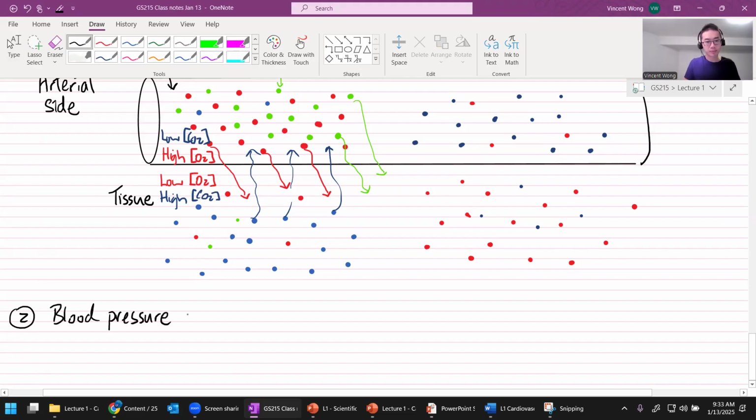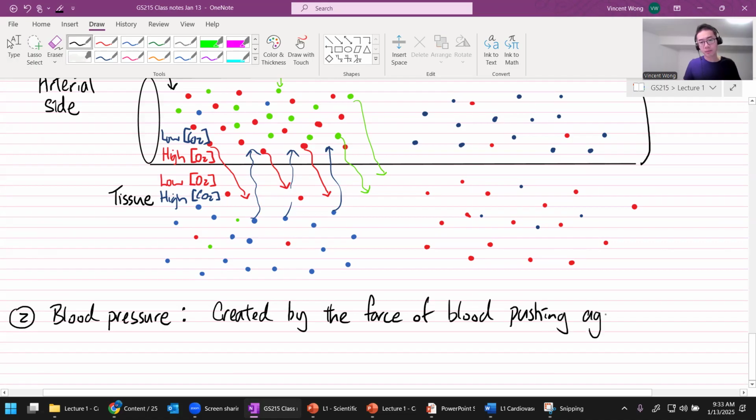So blood pressure is created by the force of blood pushing against the blood vessel.